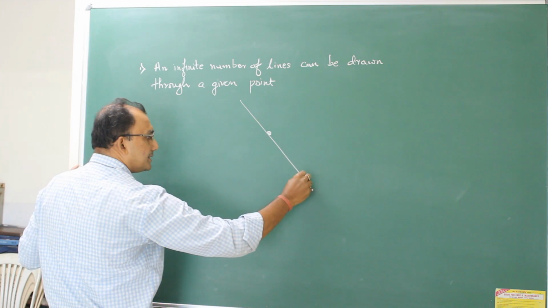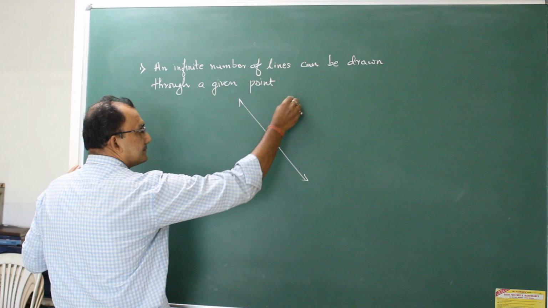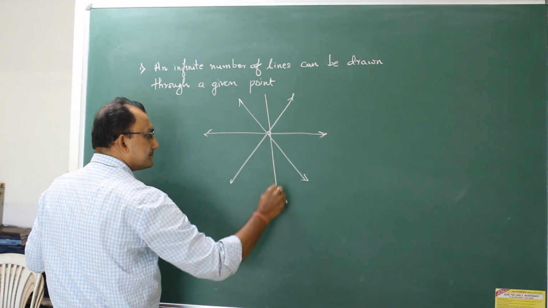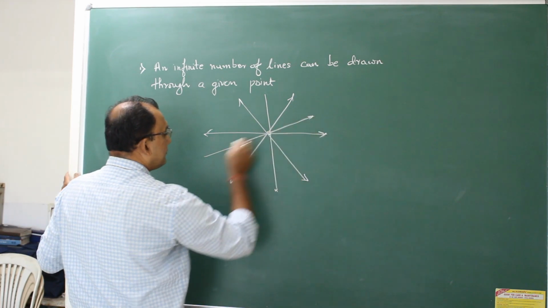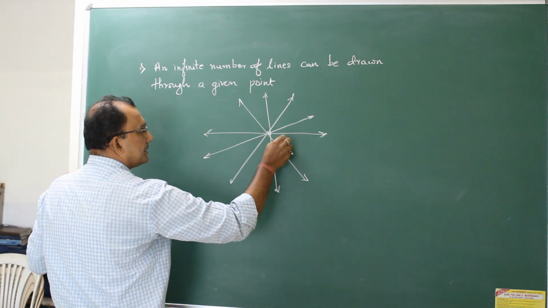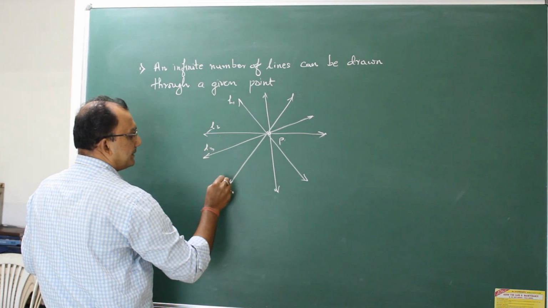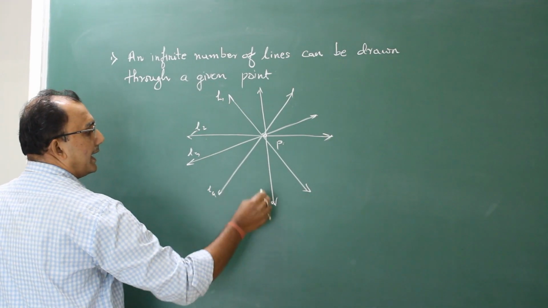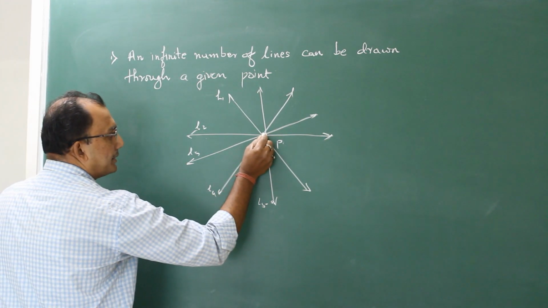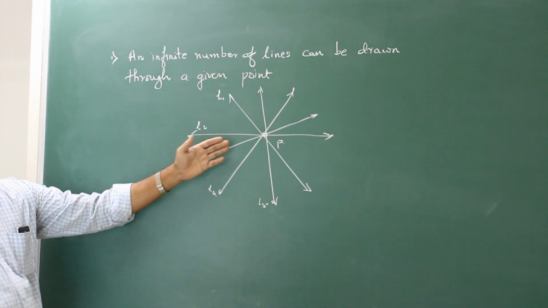Passing through this point, this is the first line, this is second line, third line, fourth line. We can draw like this infinite number of lines passing through given point P. You can name them line L1, L2, L3, L4, L5. Like this, given a point, we can draw infinite number of lines passing through it.